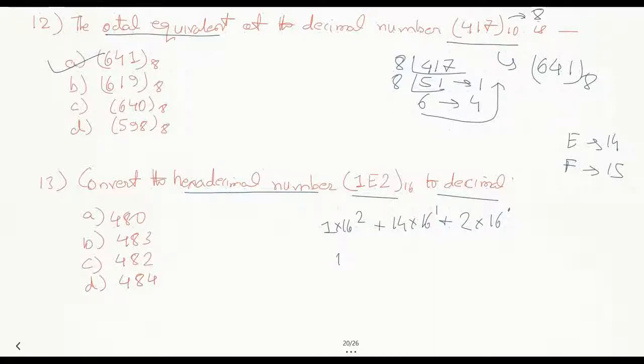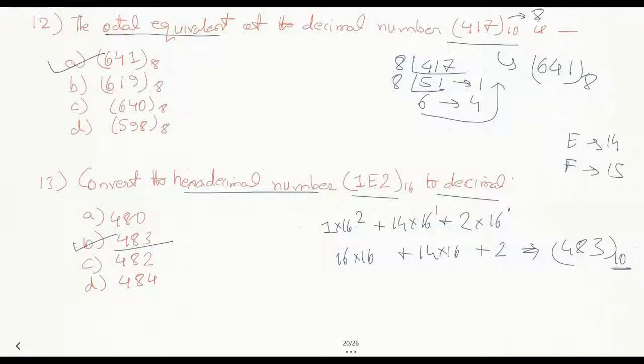So it is 16 times 16 plus 14 times 16 plus 2. After performing the calculation, it will evaluate to 483 in base 10 decimal. At certain times decimal is not mentioned and it is just implied. So that will evaluate to B, 483, as the answer.